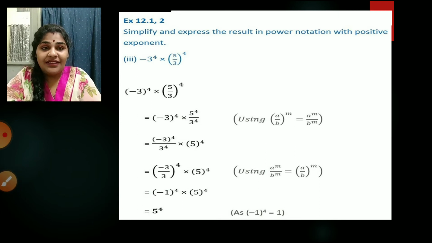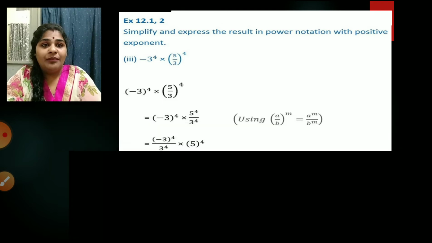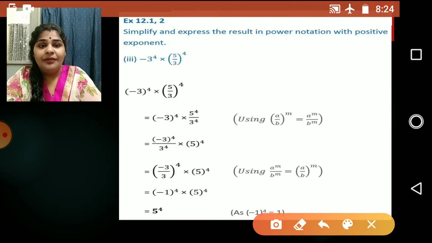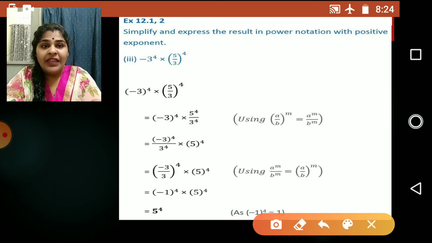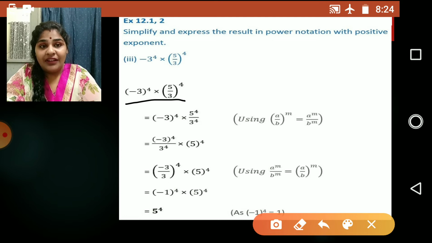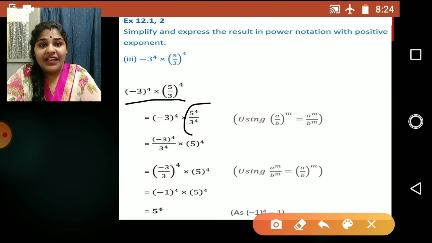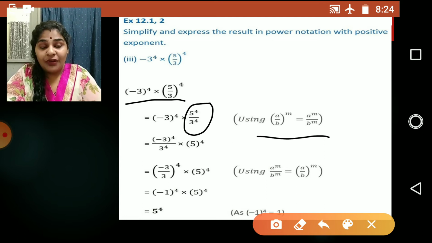Now if you see here, negative 3 raised to 4 multiplied by 5 upon 3 whole raised to 4 can be written as, using the law (a/b) raised to m is equal to a raised to m upon b raised to m, right?